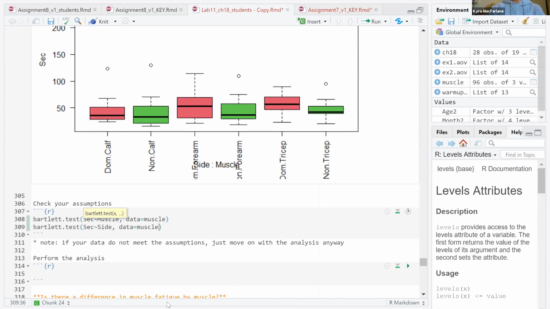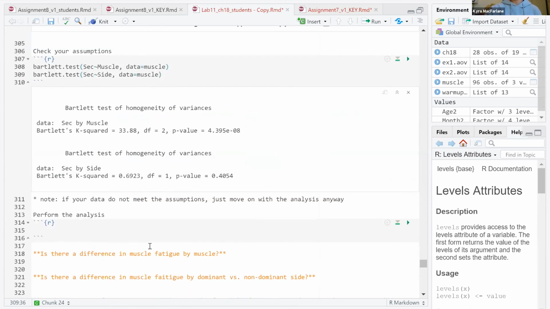Control Shift Enter to run both of those. It looks like by muscle, our variances are not equal. By side, our variances are. But because by muscle they're not equal, we have to transform our data.